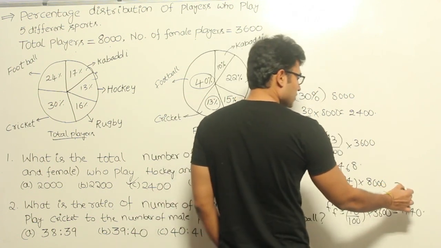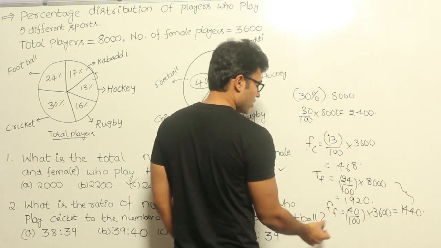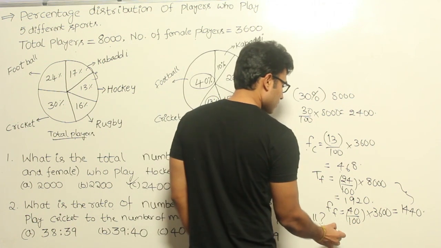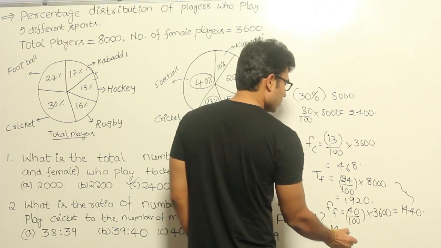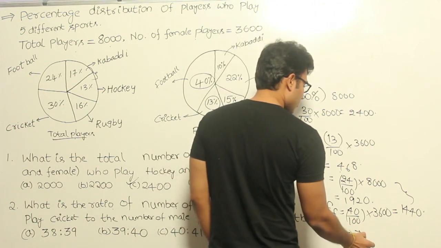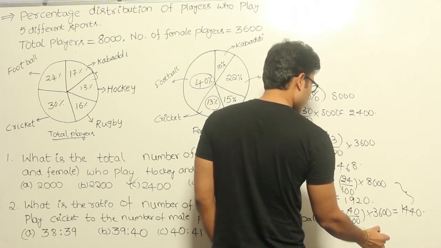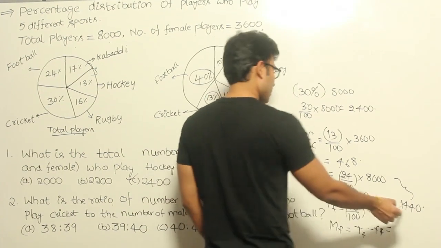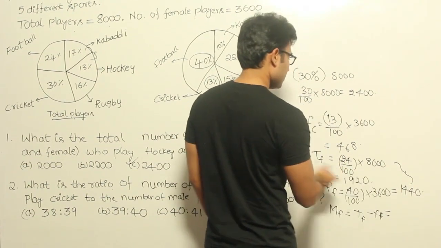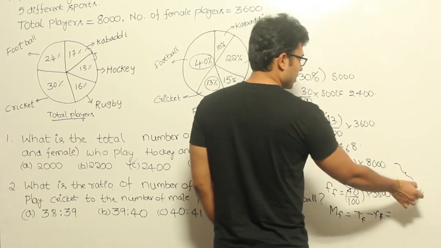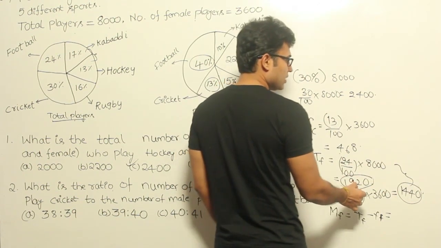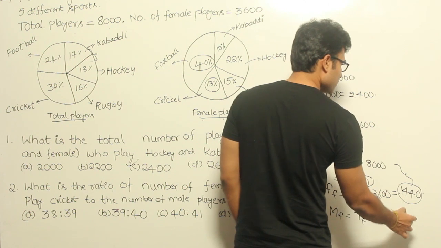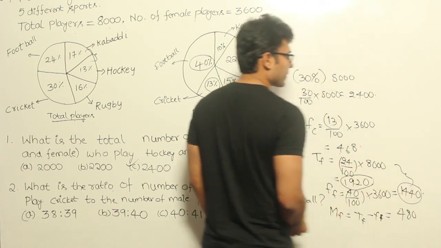So now using these two numbers you can find out the total number of male players who play football. The total number of male players who play football is the total number of players minus the total number of female players who play football, right? So you have to subtract this from this number. So 1920 minus 1440 is going to be 480, right?